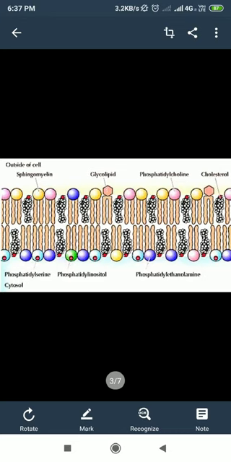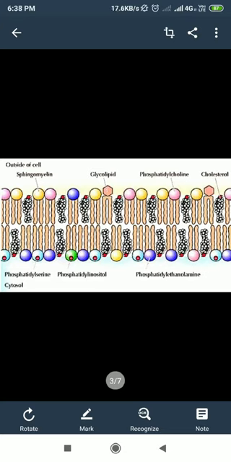Its only function is to allow polar molecules to move across the membrane. As polar molecules cannot cross the lipid bilayer directly, they choose this way. That means the integral proteins allow the polar molecules to move across the membrane.